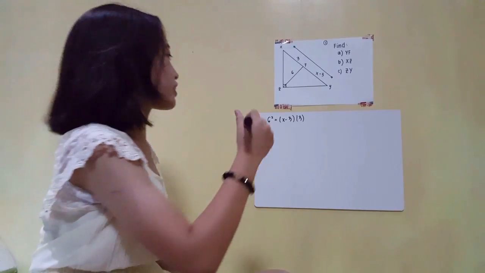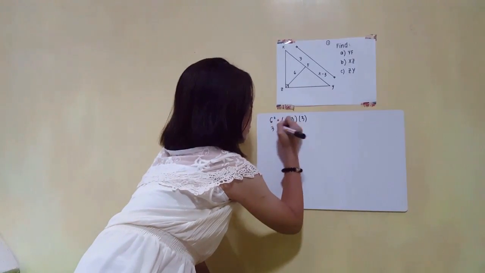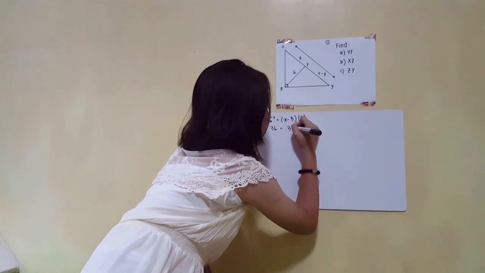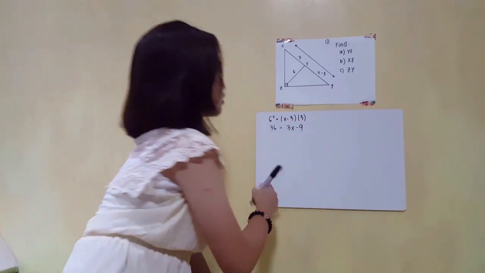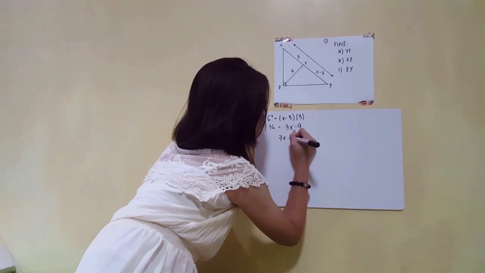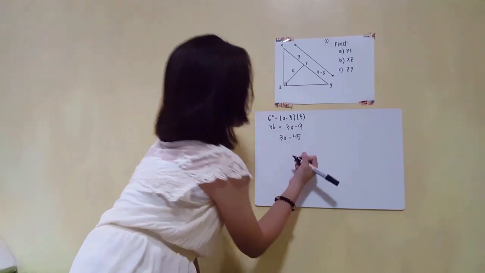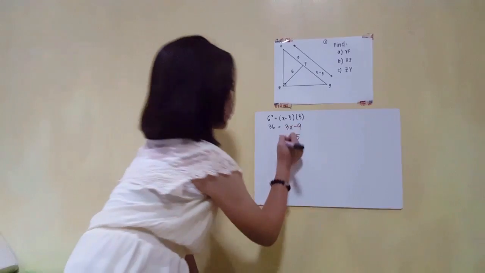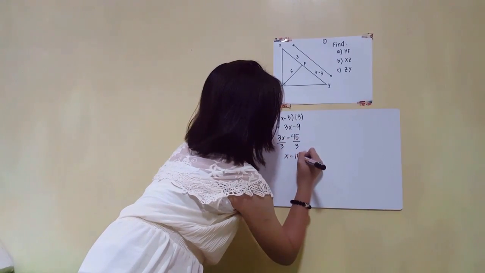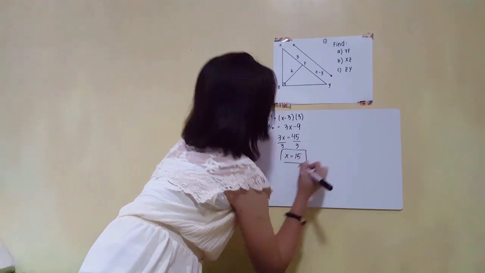Simplifying this, 6 squared is equal to 36. Distribute. Transposing negative 9 to the other side. Dividing both sides by 3. X is equal to 15.